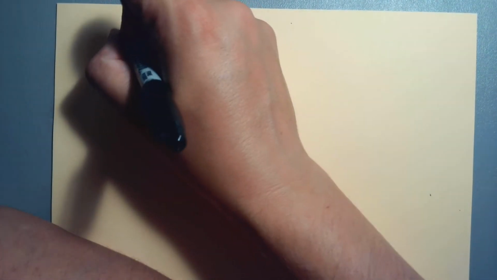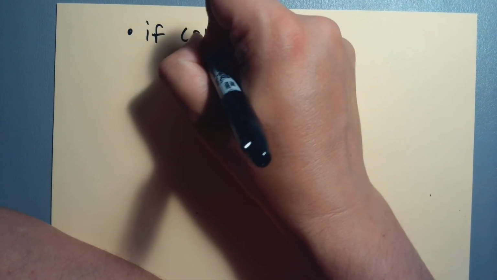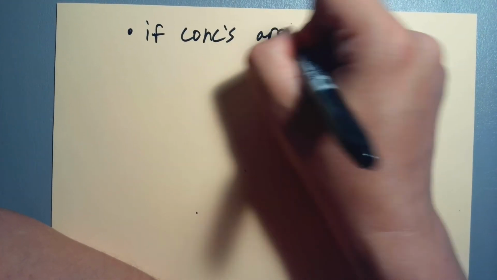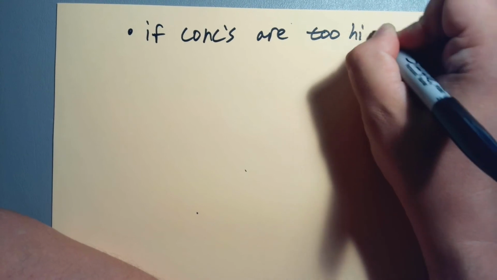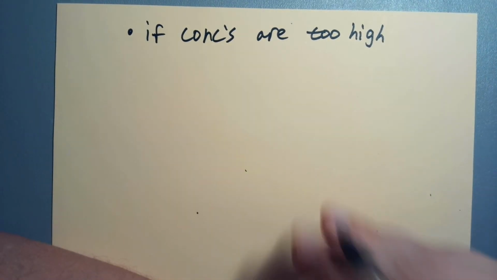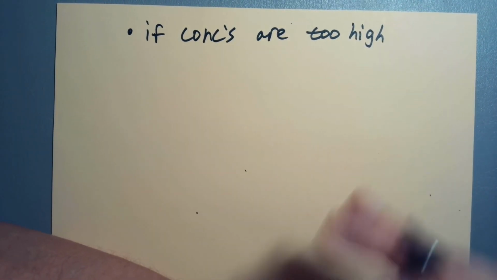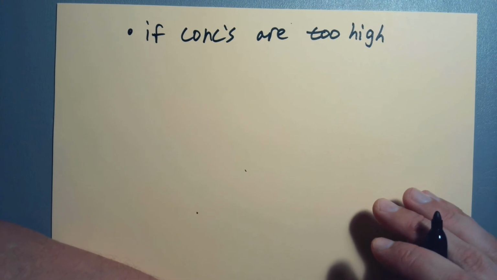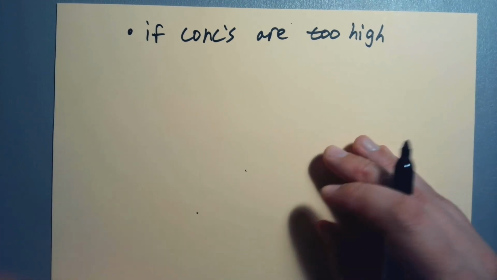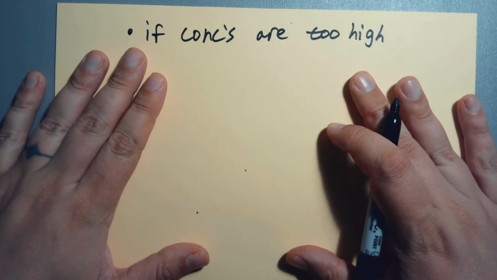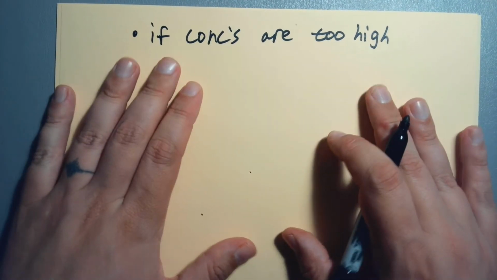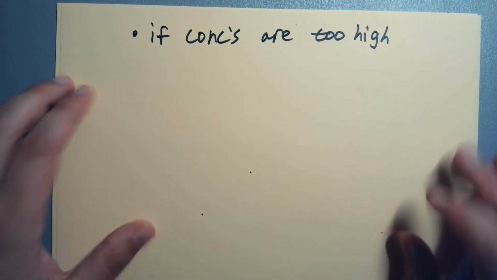So what is it? Well, if concentrations are too high, that's a problem. So we go over 0.28. Then we have more concentrated outside than inside the cell, so water is going to flow out of the cell.